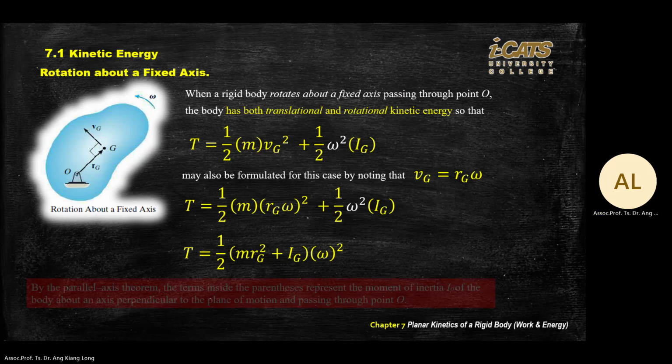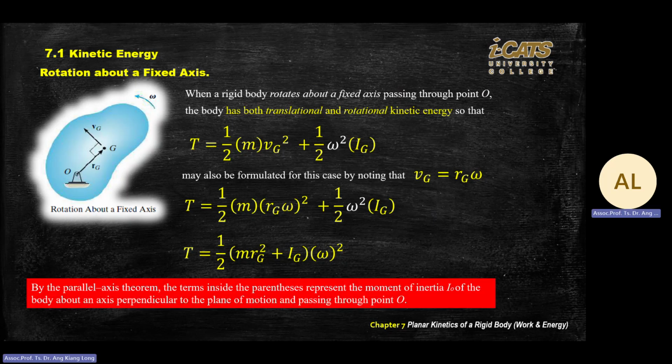So it just means if you have an object that is pinned to a point and rotates, your new kinetic equation that you learned in dynamics is half I omega squared and no longer half m v squared.